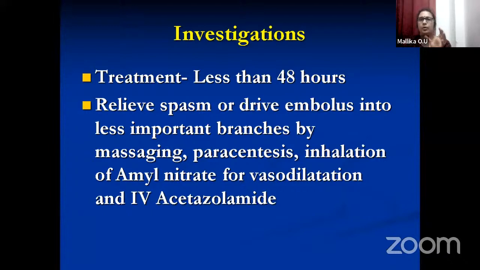So we do procedures which suddenly dilate the retinal artery, either central or branch retinal artery, and this embolus is driven from the main trunk of the central retinal artery to a peripheral branch, so that only a part of the visual field is affected. So relieve the spasm or drive the embolus into less important branches by simply massaging the eyeball.